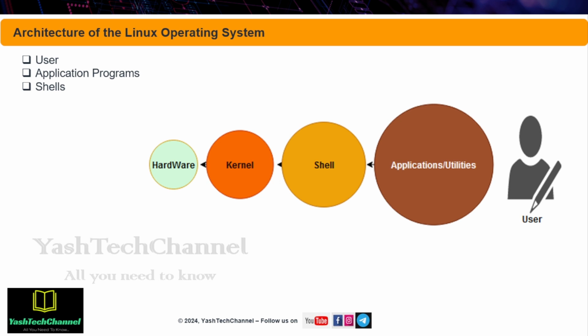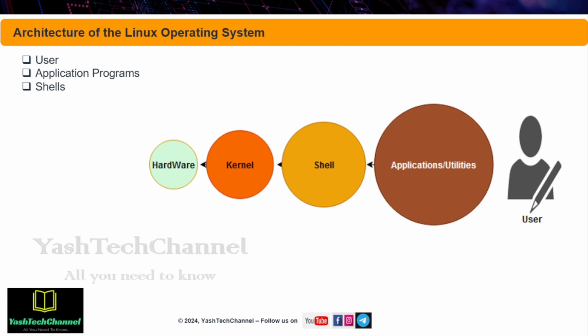As I said before, it manages hardware resources and provides essential services such as process management, memory management, device management, file system management, and system calls. The kernel is responsible for interacting with the hardware and facilitating communication between the hardware and user level applications.